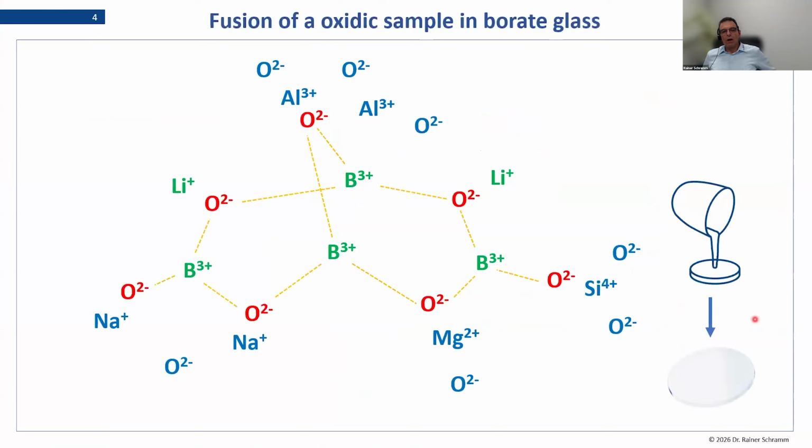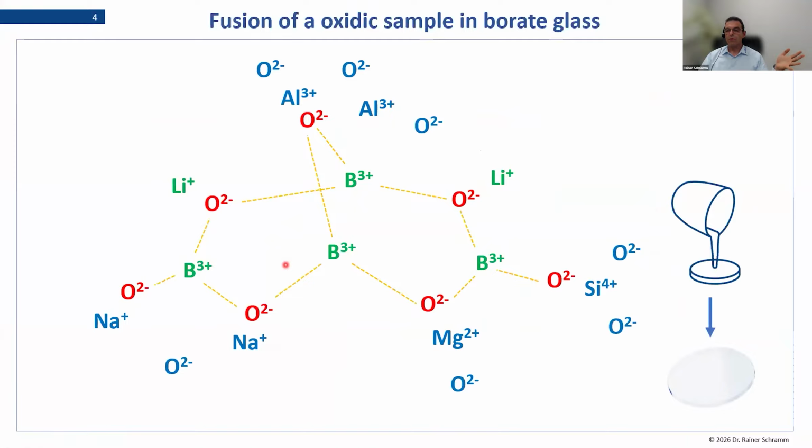But let's talk a bit more about fusion now. To have a successful fusion, your sample has to be willing to build into such a borate structure. I mean, we have to think that when we fuse our sample, we make a liquid. So it's a liquid glass.